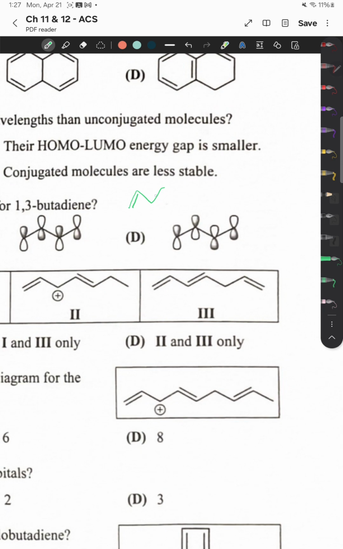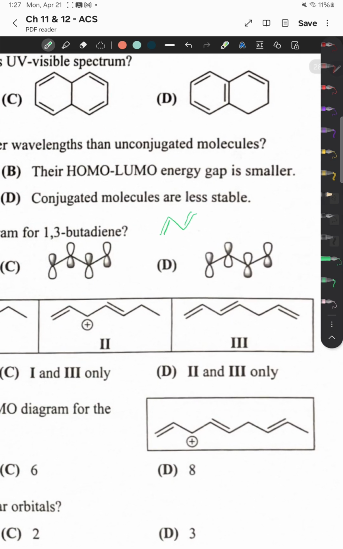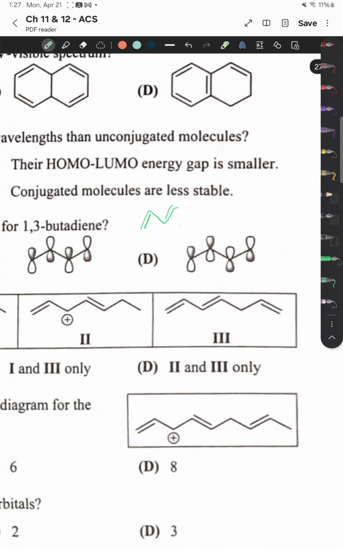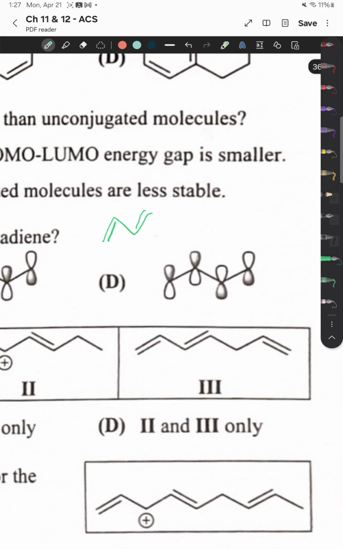The second alkene is located at 3. So 1, 2, 3. This tells us that there are 2 pi bonds and there are 4 pi electrons.